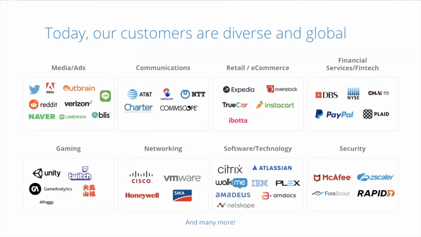Today, our customers are diverse and global. They are across different industries. In this APJ region, we have customers from media, for example, like Naver in South Korea, and of course, Twitter and Lineman and Blaze, right? We have NTT in the networks and telco out of Japan. We have Atlassian here out of Sydney, which uses us to power their Confluence product analytics.